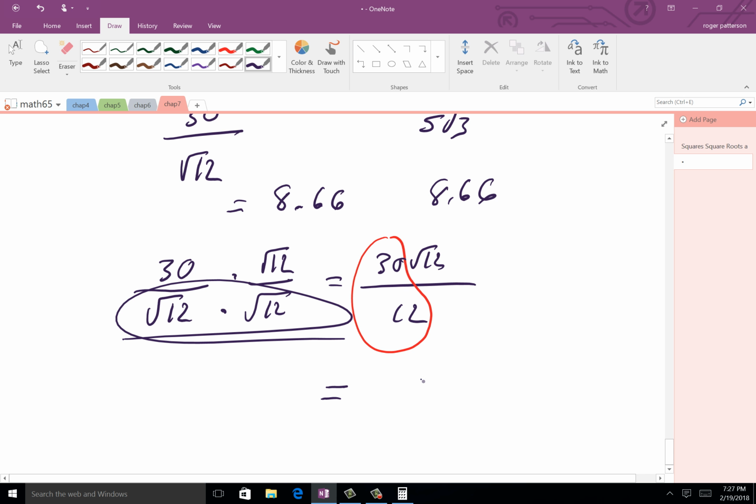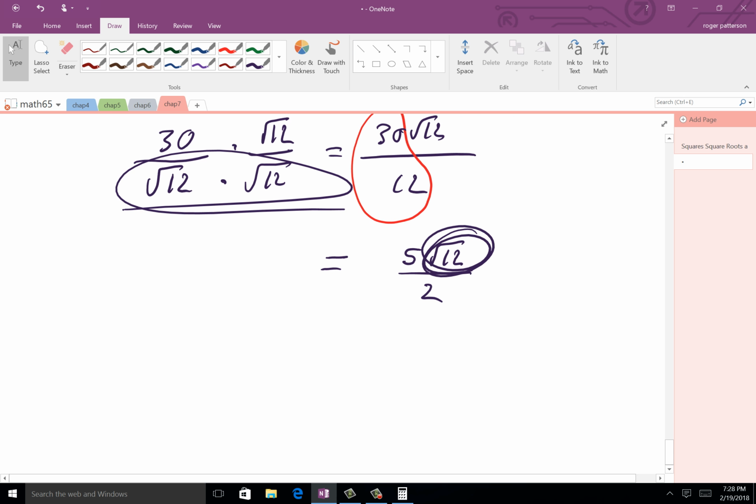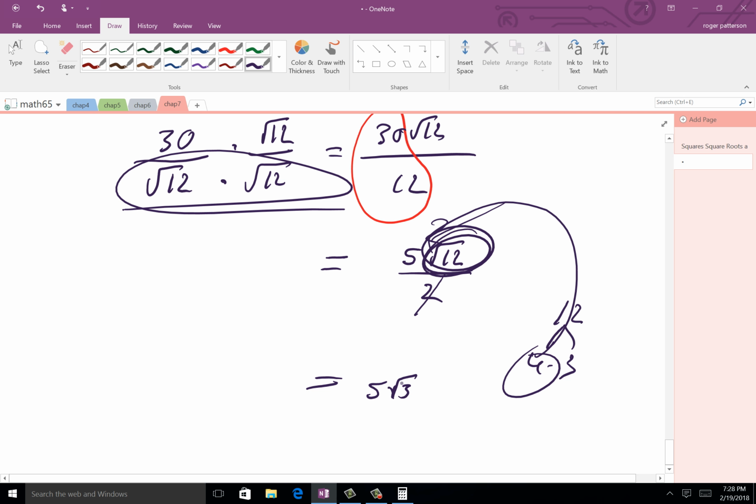Great. So that's going to give us 5 on the outside there, and 2 there. Now this square root of 12 can be reduced down though. Right, 4 and 3. Square root of 4 is 2. That's going to pop out there. Actually, the 2 that we're bringing out can cancel with this 2, and we're left with 5 square root of 3, which is what they said we should have got anyway.